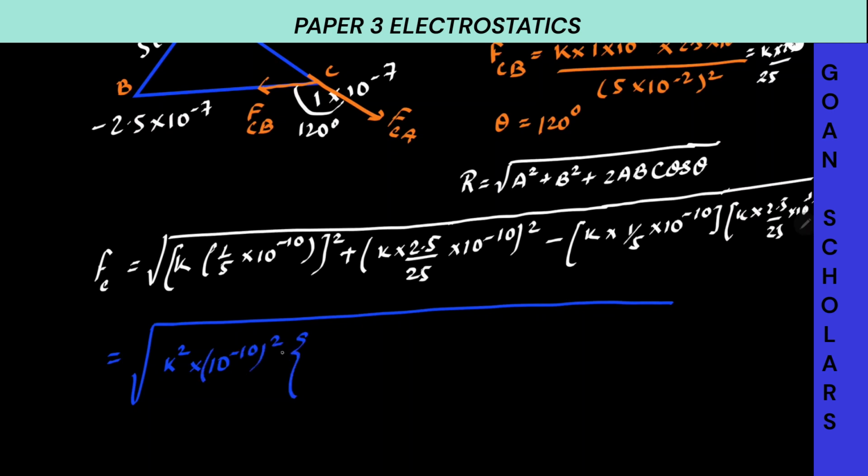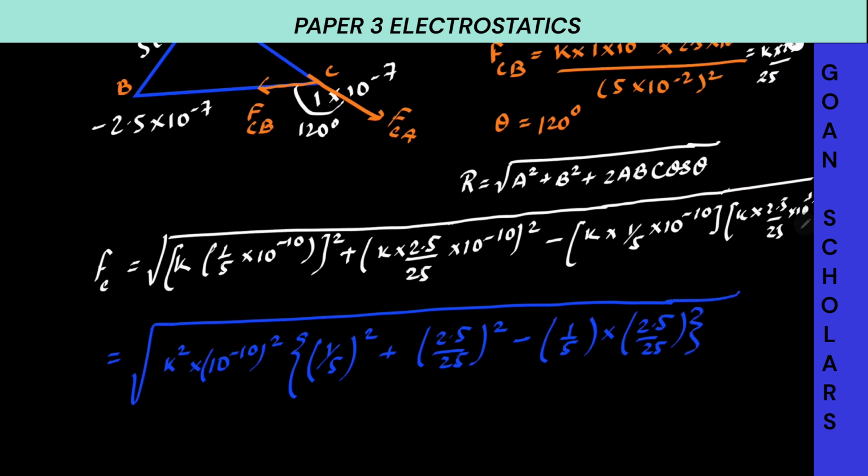Okay. Let's see what we are left with. Here we are left with 1 by 5 whole square. Here we are left with plus 2.5 upon 25 whole square, minus, here K and this will be squared, and we are left with 1 by 5 from here and into this 2.5 upon 25.